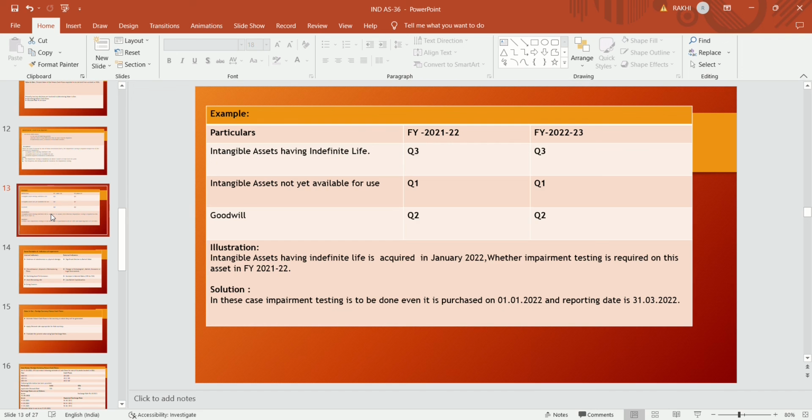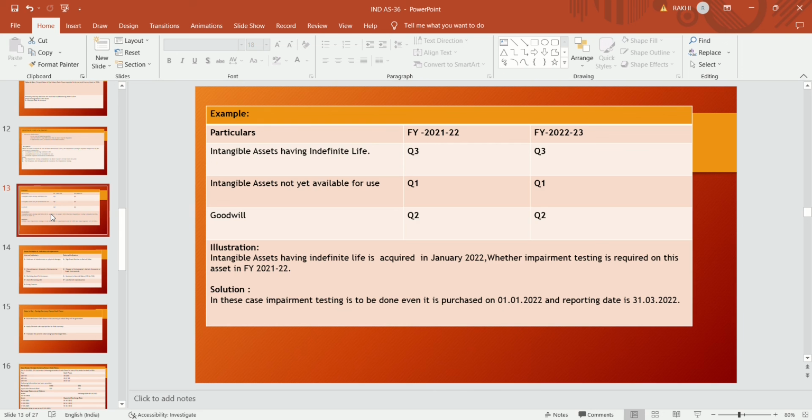An intangible asset having an indefinite life is acquired in January 2022. Is impairment testing required on this asset for the financial year 21-22? Suppose the company has acquired the intangible asset in January 2022 and the reporting period is March 2022, so 3 months. Is impairment testing of the intangible asset having indefinite use required for that reporting year?